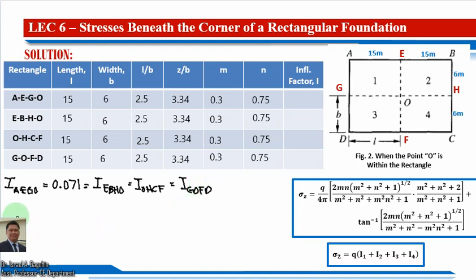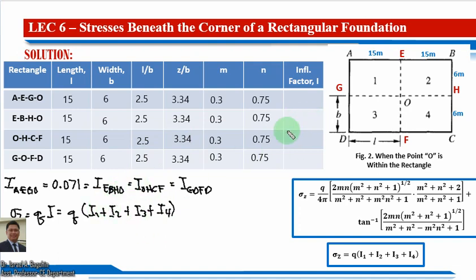So therefore, our sigma Z is just equal now to q times this I. Okay, so q times this I sub 1 plus this I sub 2 plus I sub 3 and this I sub 4.